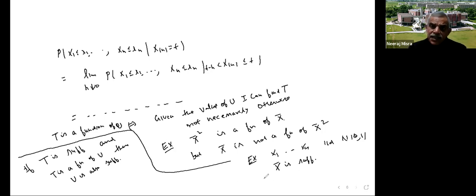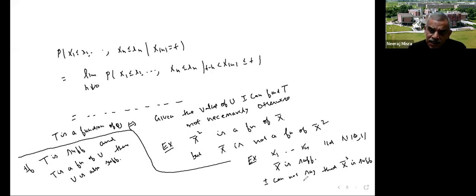If X bar is sufficient, I cannot say X bar square is sufficient. Because knowing X bar is enough, but knowing X bar square may not be enough, because knowing X bar square cannot give me X bar.